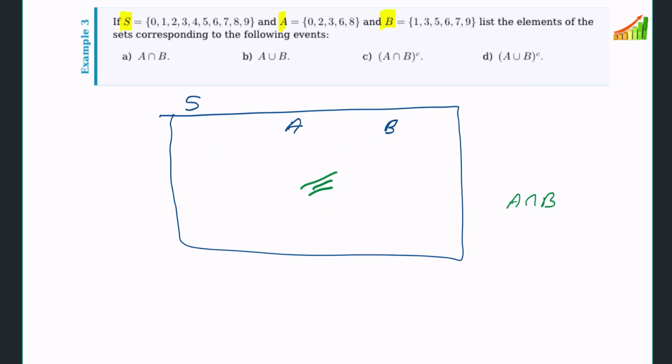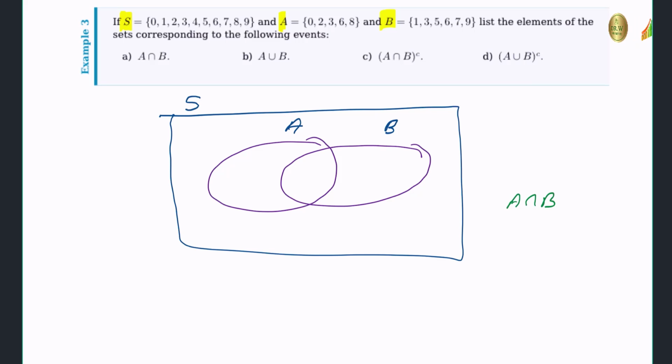Now identify the elements of A intersection B. We can say here 3 and 6. 3 and 6 are the elements of A intersection B. Therefore, first we fill this region with 3 and 6.